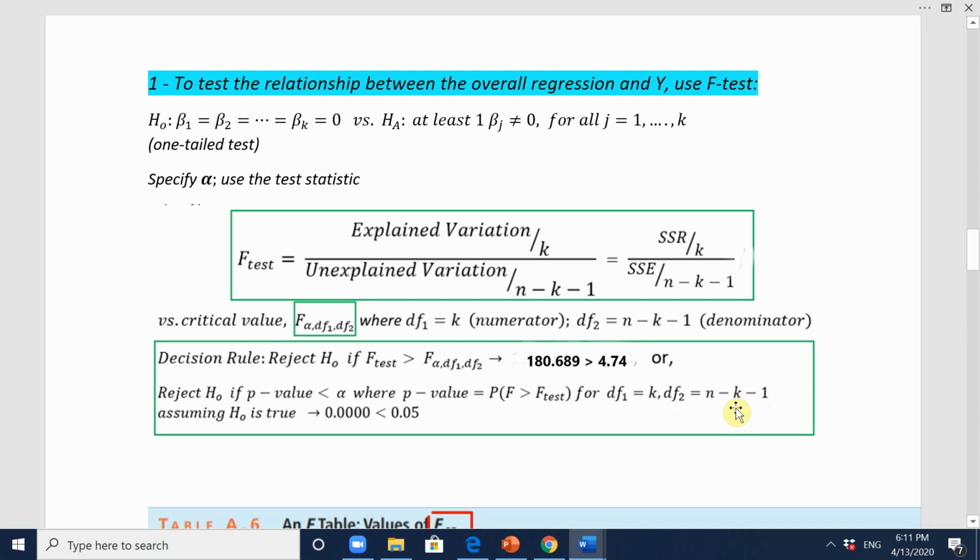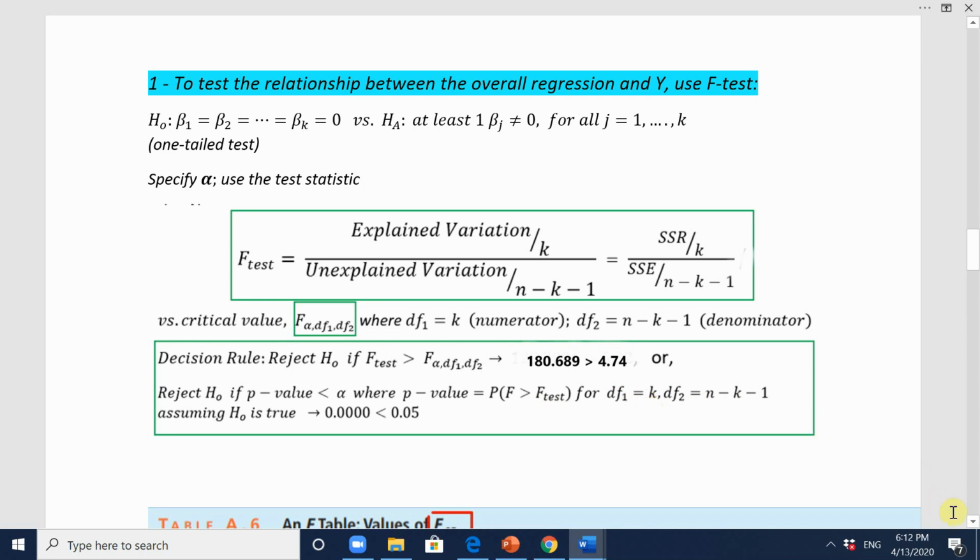And of course, the p-value always assumes that the null hypothesis is true. So if the null hypothesis is true, what is the likelihood of finding an F point of 180.689 or more for this set of degrees of freedom?